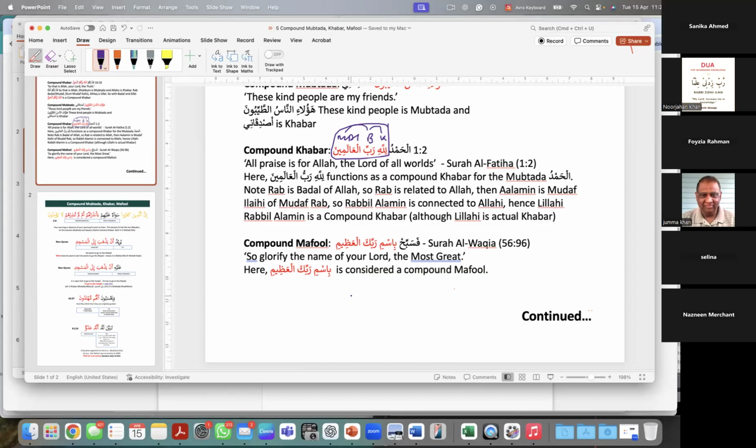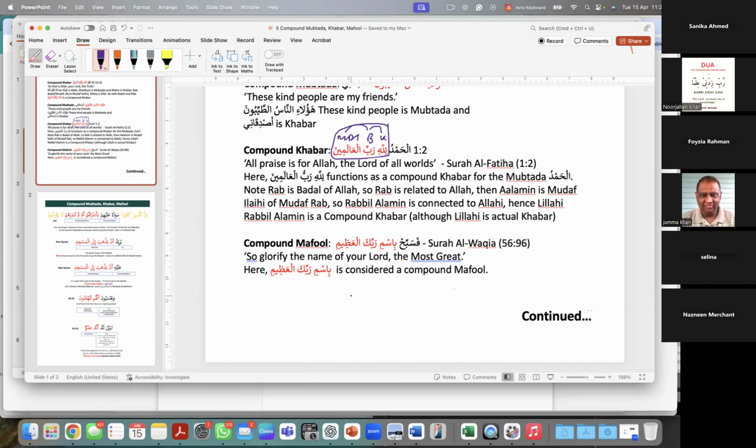Bismi rabbikal azim. Glorify in the name of your Lord, who is great. So naturally, sabbih, glorify. What would you glorify? Maf'ul. Could the maf'ul be only one word all the time? No. Can you see the meaning? Glorify the name of your Lord.